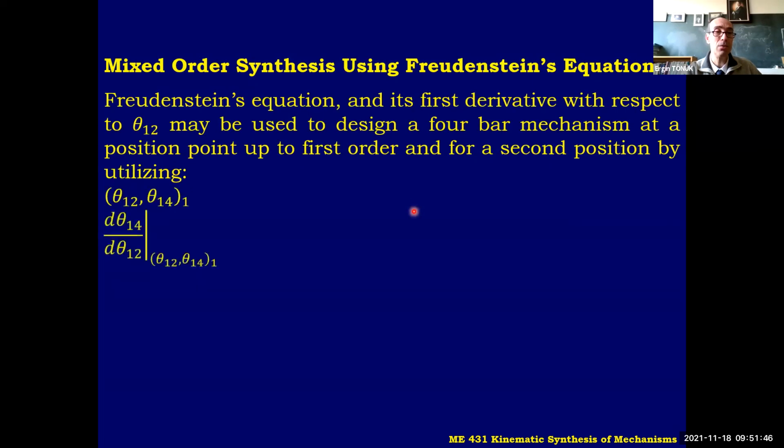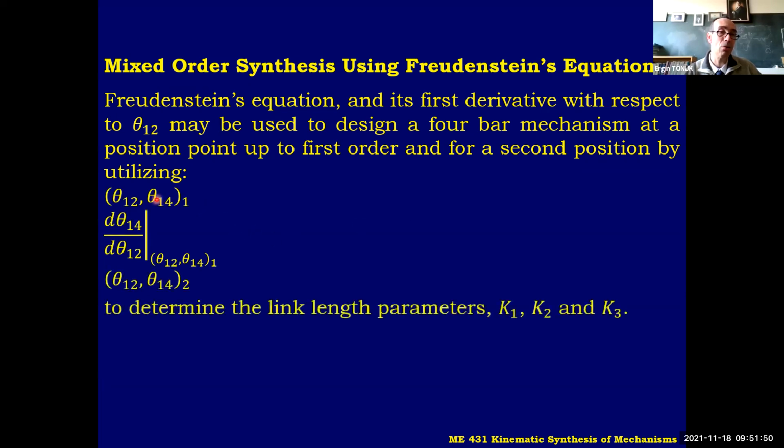So what we are going to do is actually we will select a pair of crank positions, the rate of change of theta 1, 4 with respect to theta 1, 2, and just remember, for example, this rate becomes 0 for the dead center. Remember, the follower stops and then returns back at the dead center.